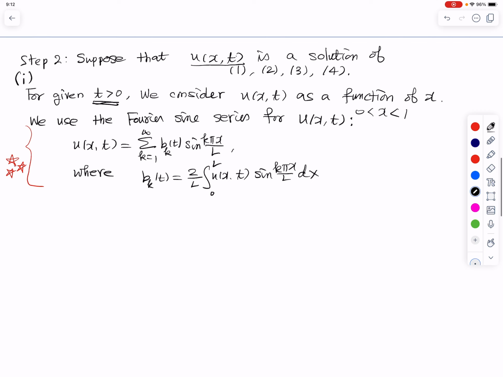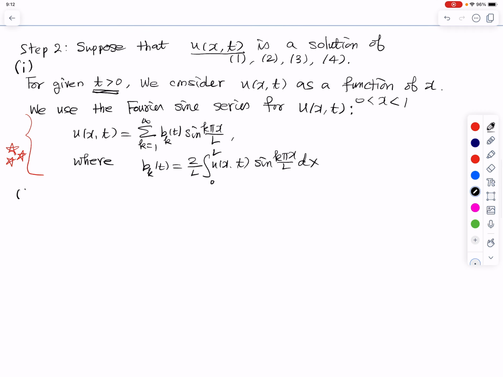Then small number 2 here: I need to find bk. So find bk, that is step 2. Find bk(t).